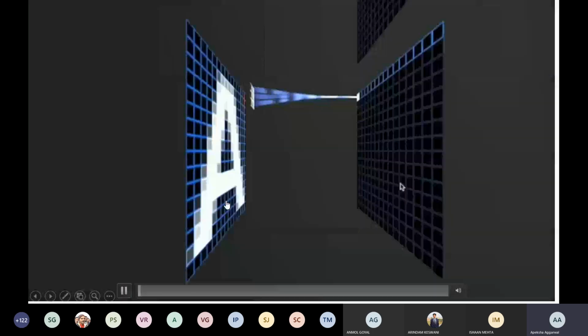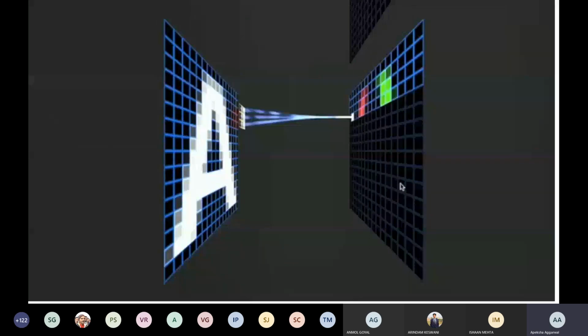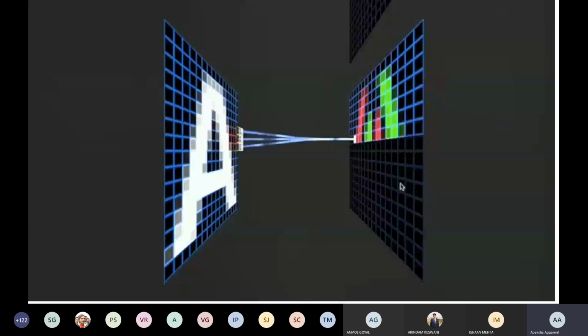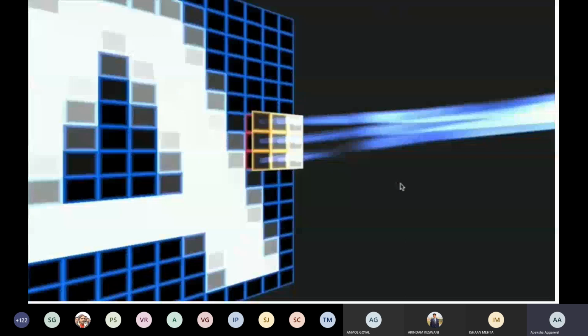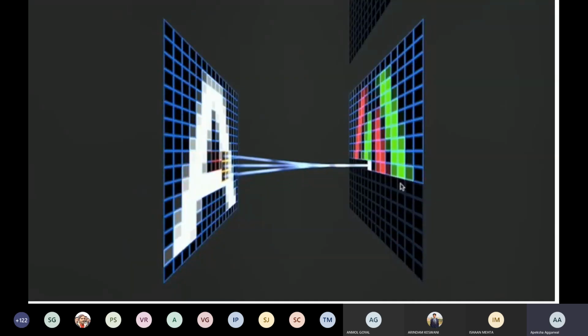After that I'll show you a quick video to make it easier to visualize. So this is CNN, and the first 3x3 filter is extracting some values from the first image. Just visualize how it's working.